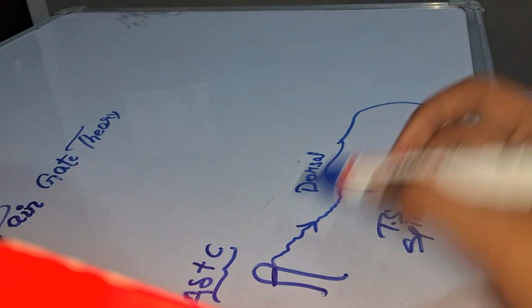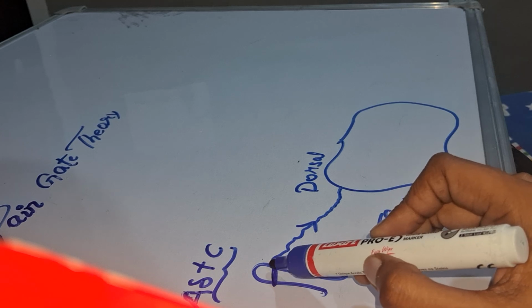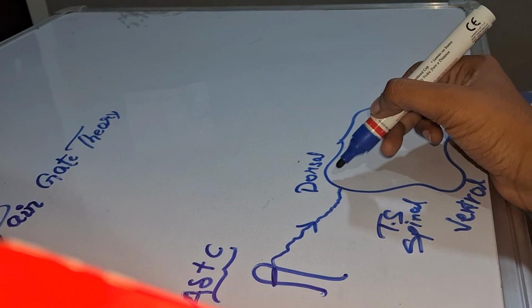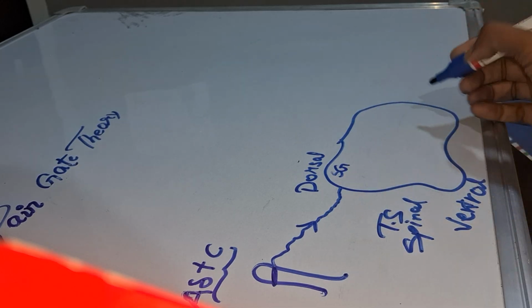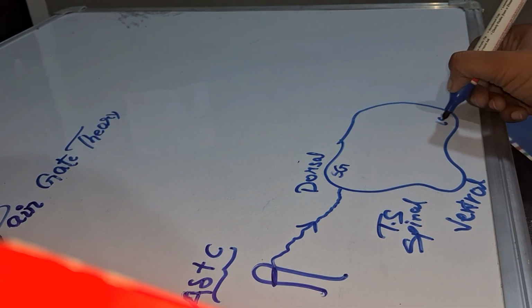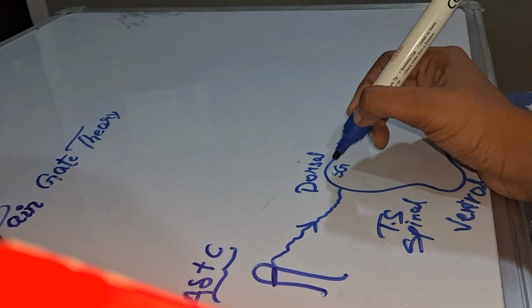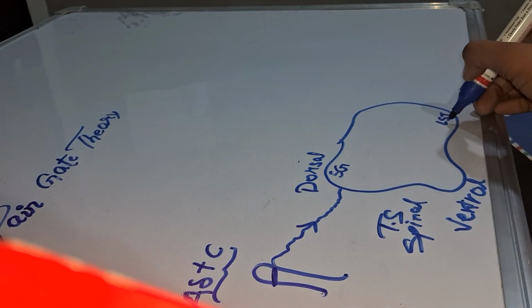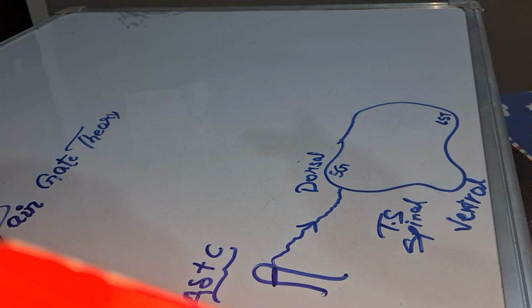How is it being blocked? For example, the signal travels here. The SG is present here, and here is the LST. SG is the substantia gelatinosa, and LST is the lateral spinothalamic tract.